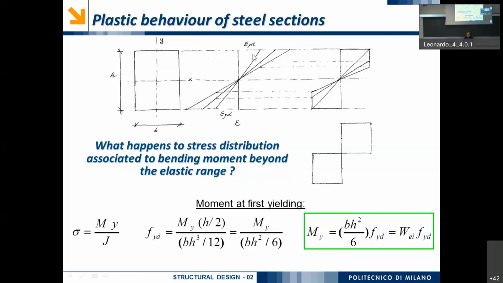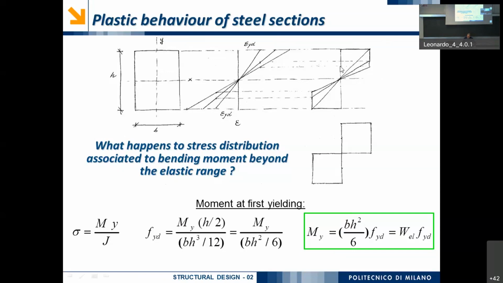But the stress cannot exceed the yielding stress. So it is possible very easily to pass from a linear diagram of strain to the corresponding diagram of stress, even if we are in the non-linear range.